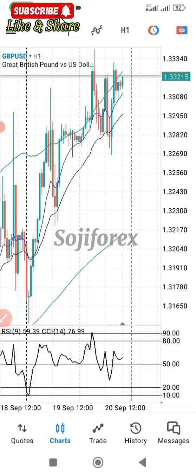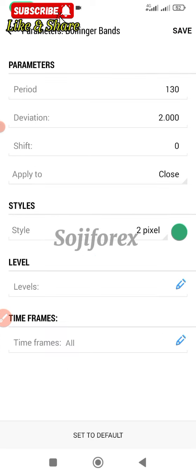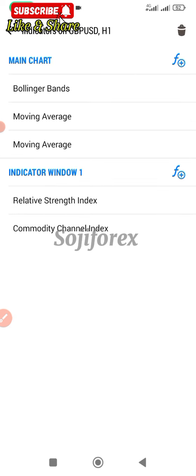So here are the indicator setups for this particular strategy. First, our Bollinger Band: the period is 130, deviation is 2.0, you apply it to close. The moving average 25, method exponential, you apply to close. And then we have our moving average 10 exponential, you apply to close as well.